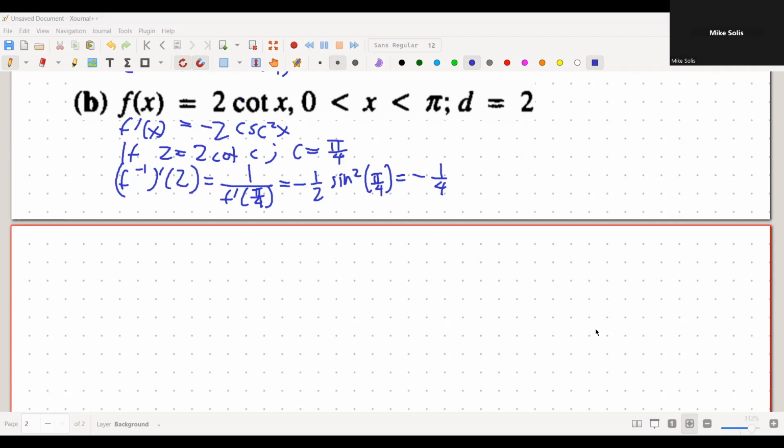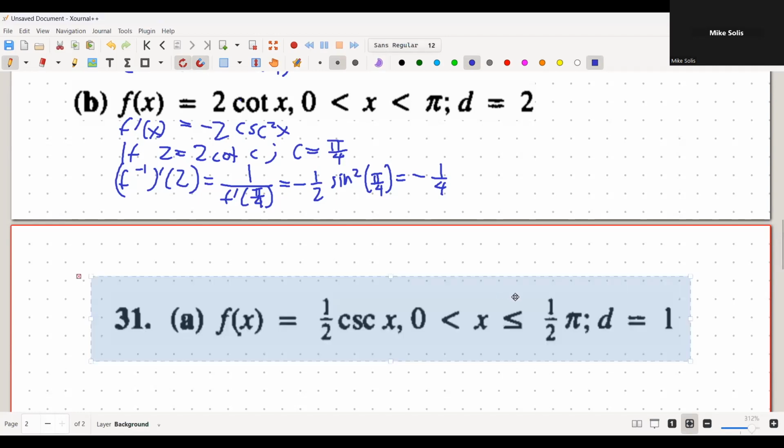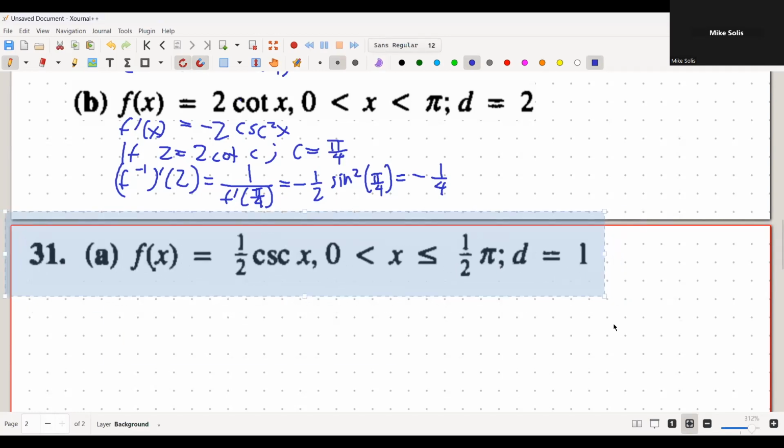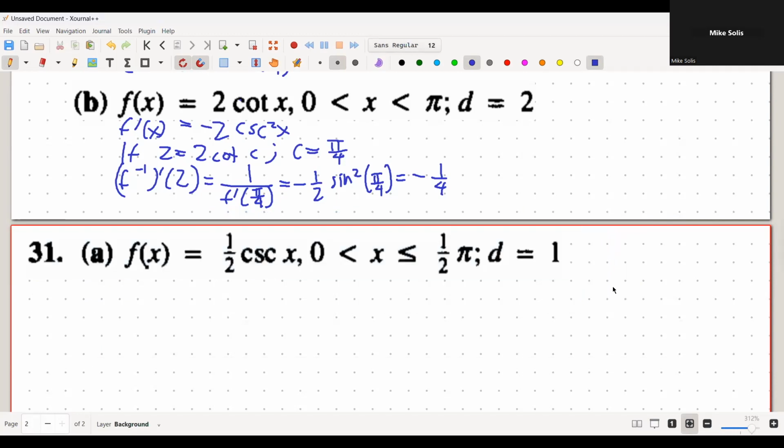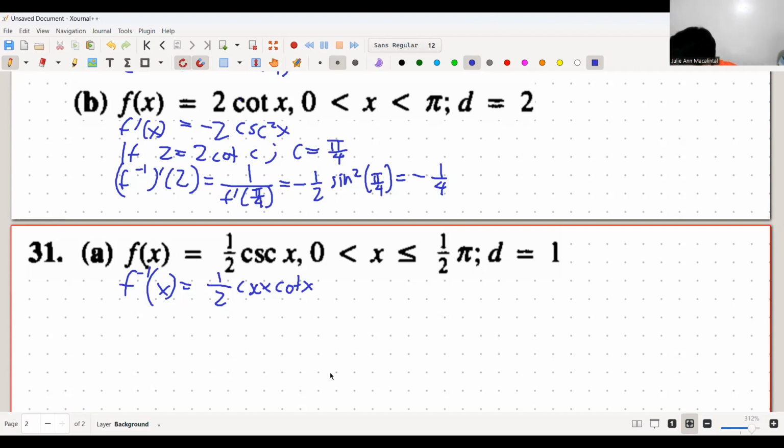So f prime of x, so f inverse prime of d, which is 2, is 1 over negative 2 cosecant square pi over 4, negative 1/2 sine square pi over 4, which is negative 1/4. Okay. So 31, cosecant of x.